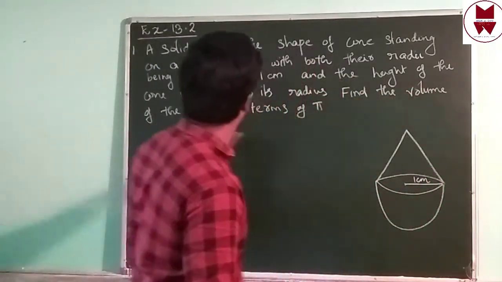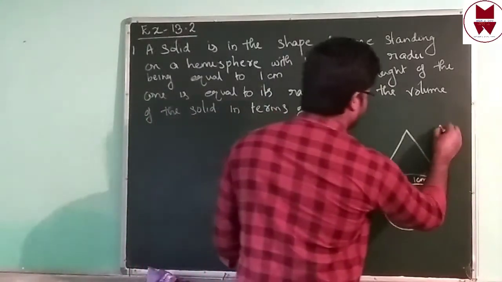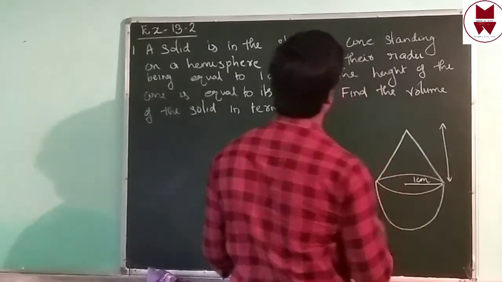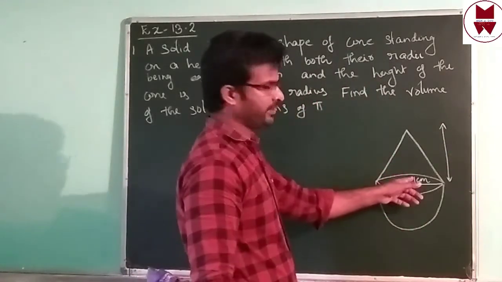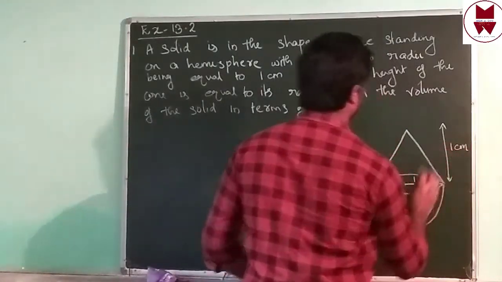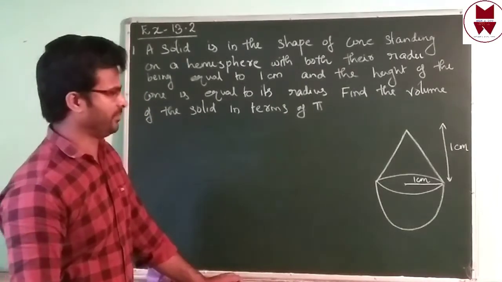And the height of the cone is equal to its radius. That means height of cone will be 1 centimeter.